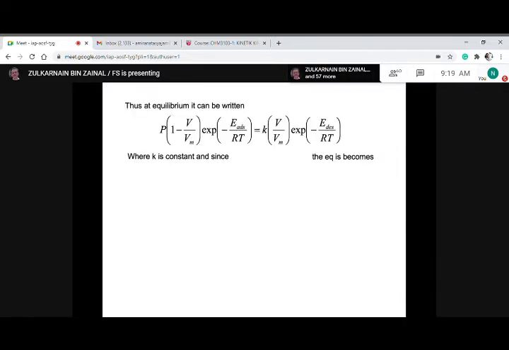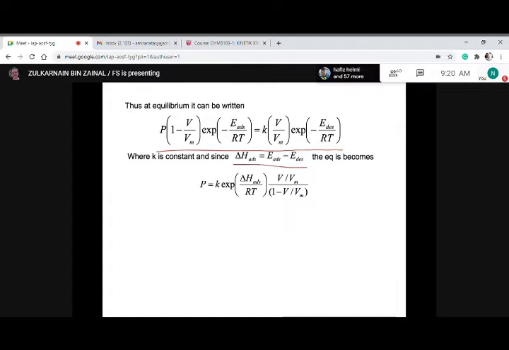Then put all together, and you know that the adsorption rate should equal the desorption rate, and you get this equation. Further down, since delta H ADS, the enthalpy of adsorption, is equal to E_ADS minus E_DES, you get this as the formula.